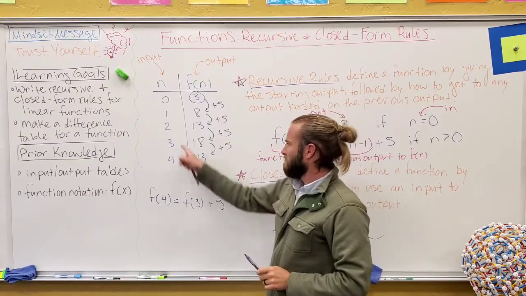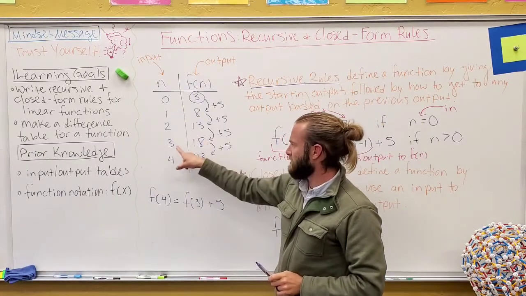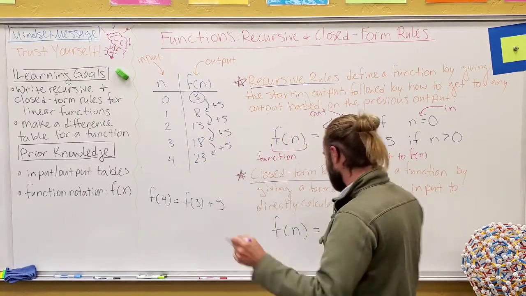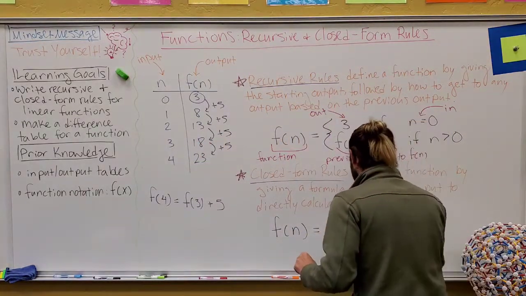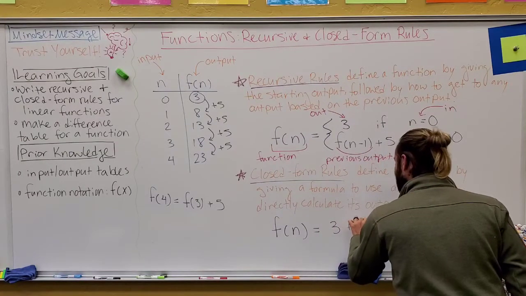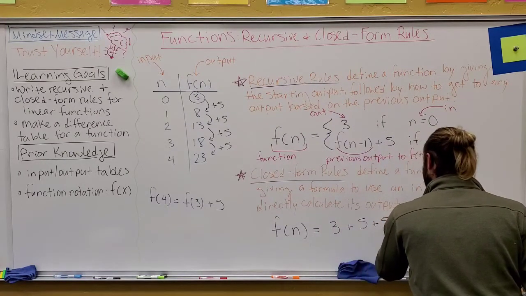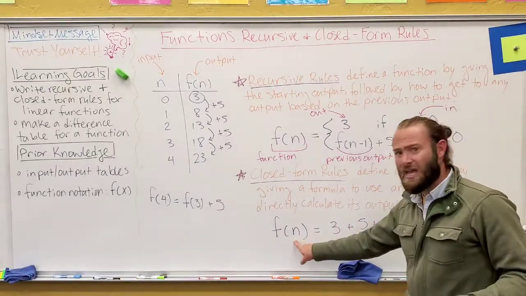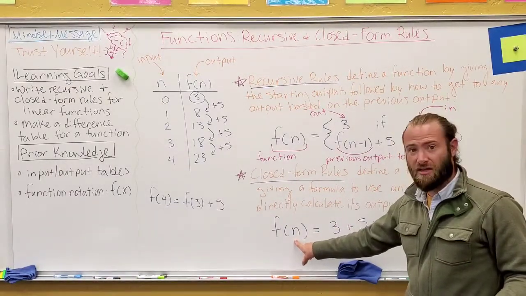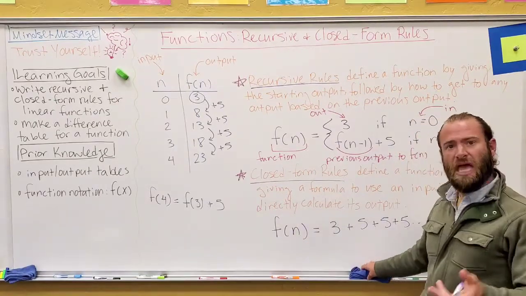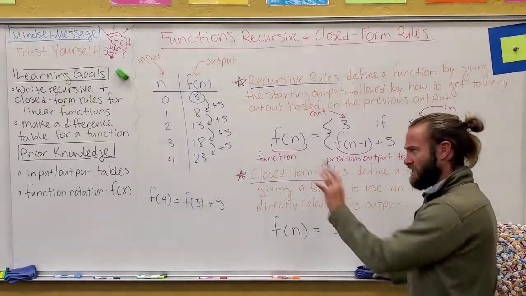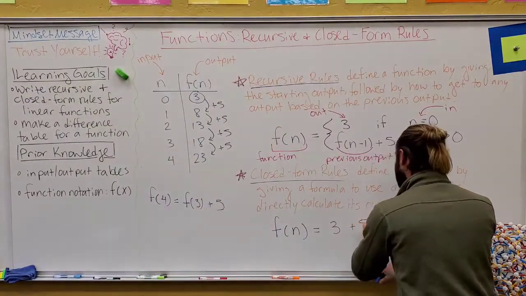Well, 3 copies of 5 get me to the 3rd output, 4 to the 4th, 2 to the 2nd, etc. So if I start with 3, and all I'm doing is adding a bunch of 5s, 5 plus 5 plus 5, how many 5s am I adding to get to the nth output? Oh, n of them, right? Because the input is actually matching how many 5s we're adding in this case. So we just say 3 plus 5n.